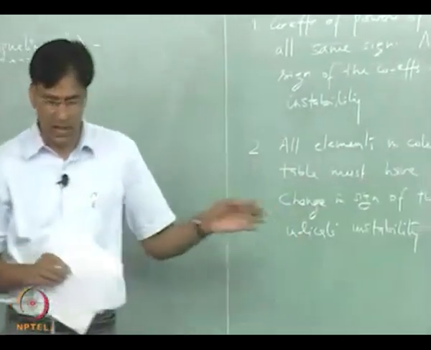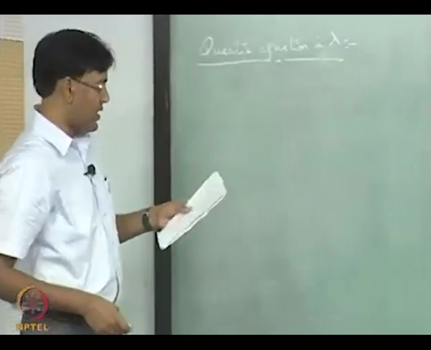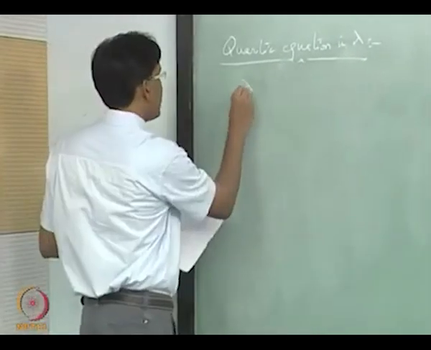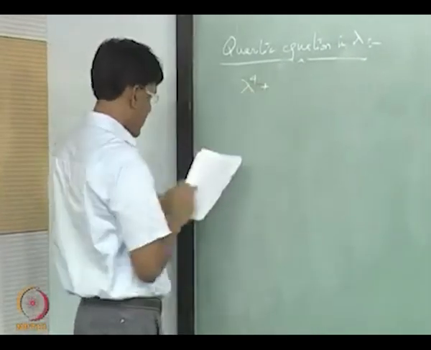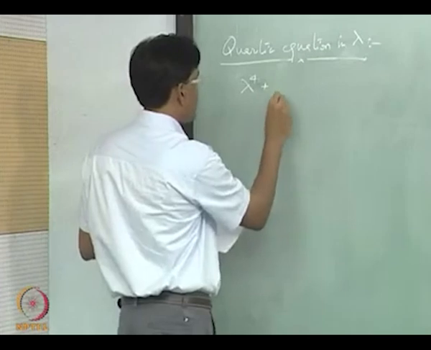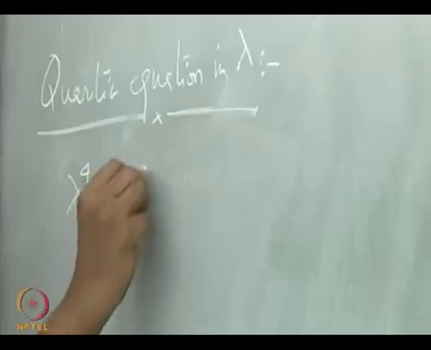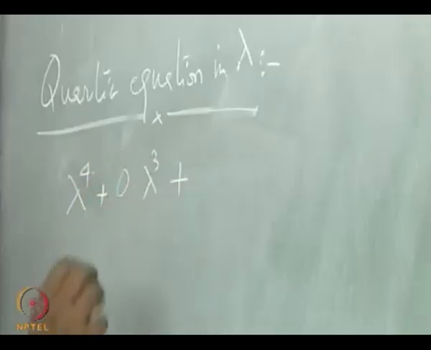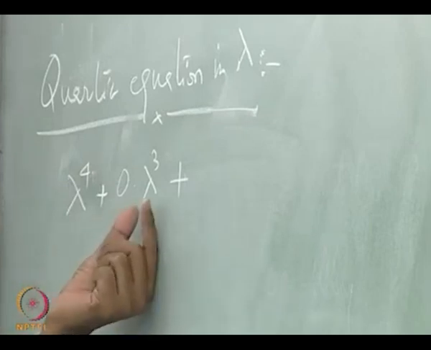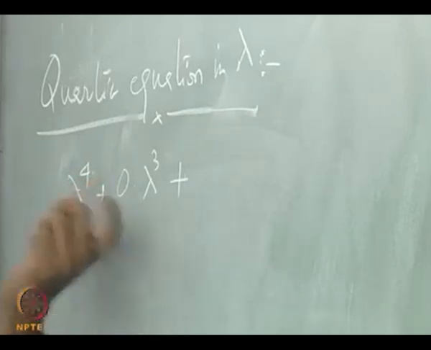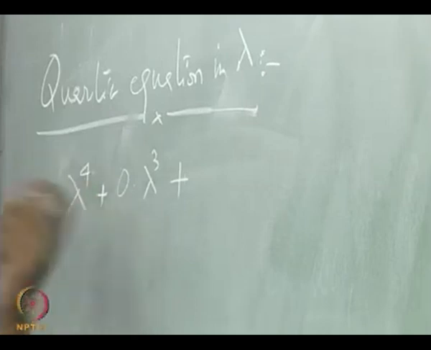So those cases we are not trying to consider here. So there is one term which is missing here. So I am taking that as 0 into that term. Okay, so the coefficient of that term is 0.